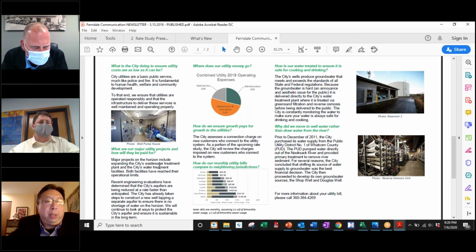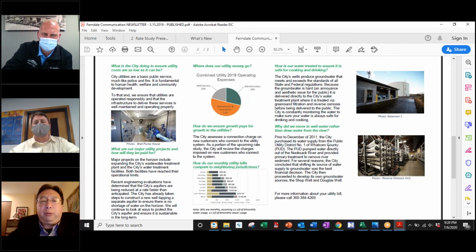And then how are the monies being used? And one of the things that they had asked for, as well as you, of course, is how do our utility bills compare to neighboring jurisdictions? So anyway, I just throw this out for food for thought. This might be something that your city may want to consider having for your ratepayers as well.